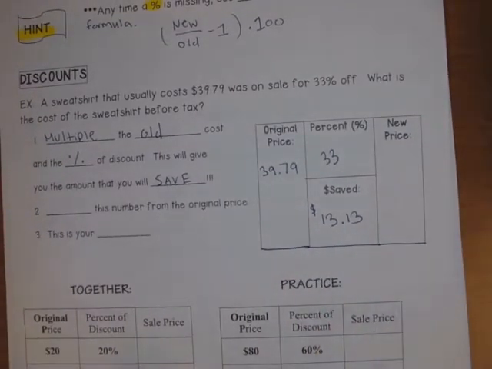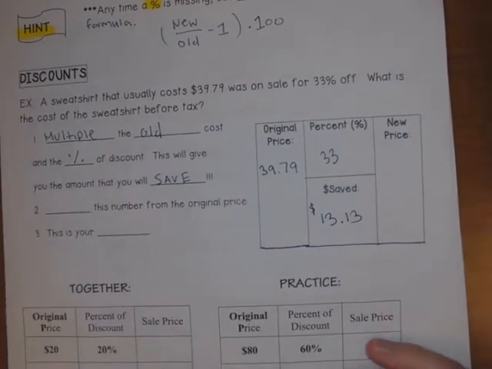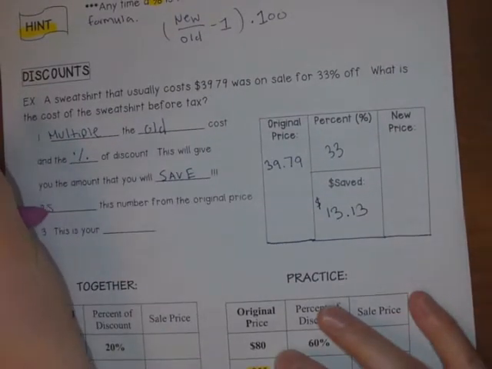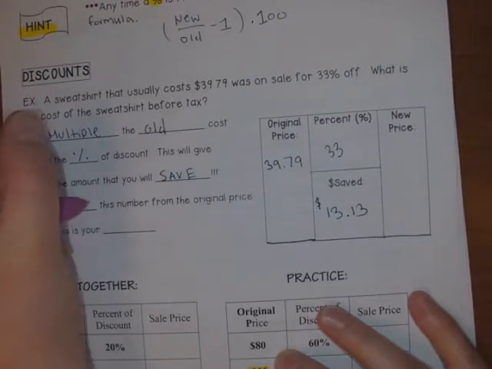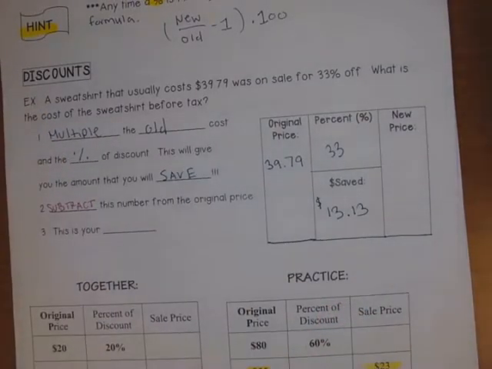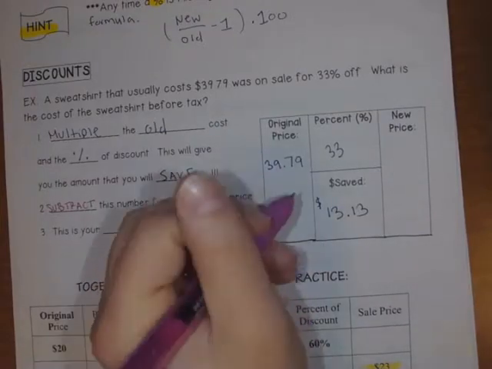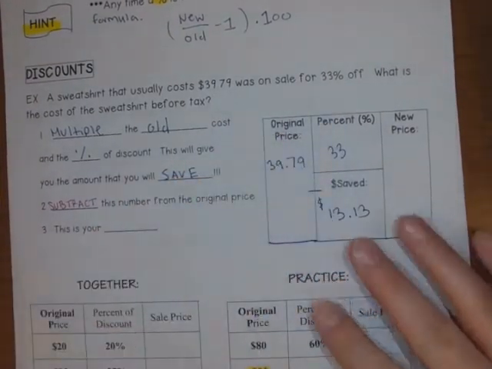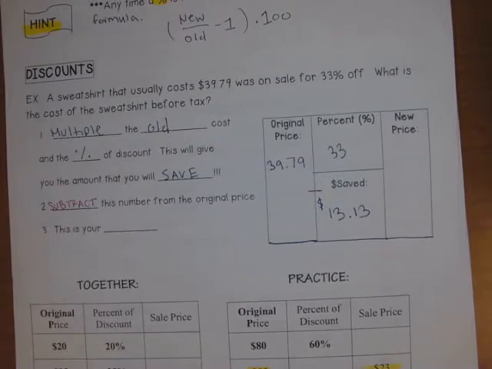And so because you're saving it, you are going to subtract this number from the original. So you're going to minus those two numbers.